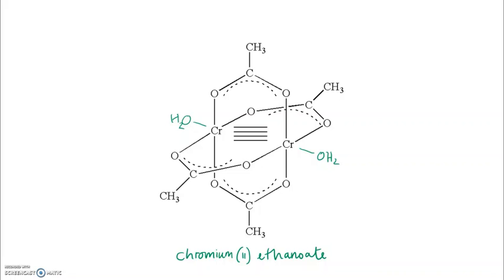Now in this case though, it's important to note that the carboxylate, the ethanoate ligand, the oxygens in this ligand are not both bonding to the same chromium. You've got one oxygen bonded to one chromium and another oxygen bonded to a second chromium.